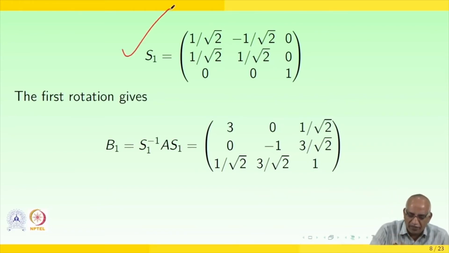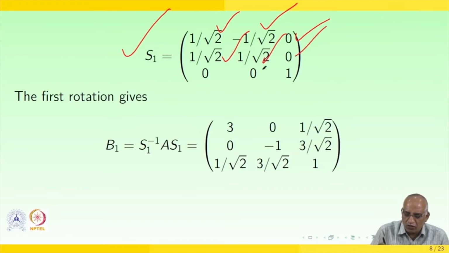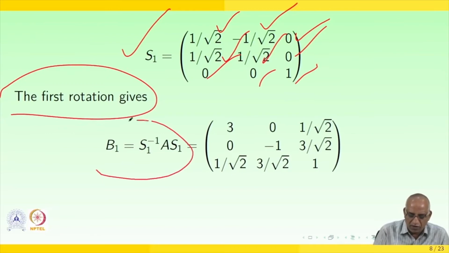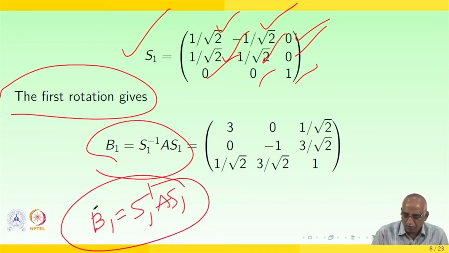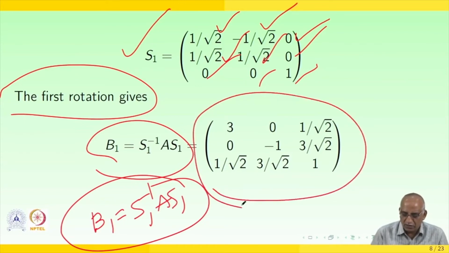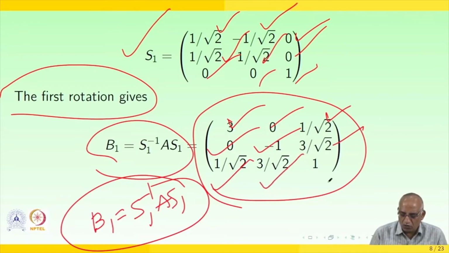So S1 turns out to be 1 over root 2, minus 1 over root 2, 0; 1 over root 2, 1 over root 2, 0; 0, 0, 1. The first rotation gives B1 equal to S1 inverse A S1, which turns out to be 3, 0, 1 over root 2; 0, minus 1, 3 over root 2; 1 over root 2, 3 over root 2, 1.